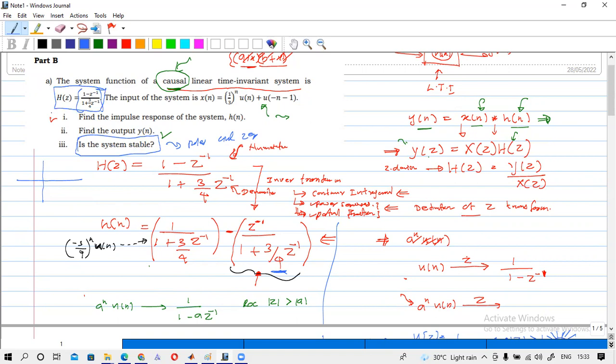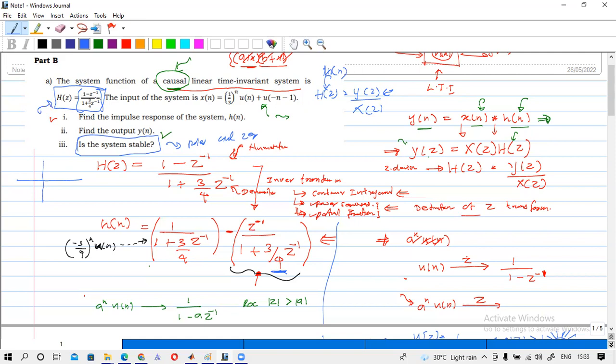When it is in the z domain, or frequency domain, we call it the transfer function. Hz will be Yz divided by Xz. Sometimes this is called the transfer function, or the z transform of the impulse response. Both terms are okay. So this is the characteristic.